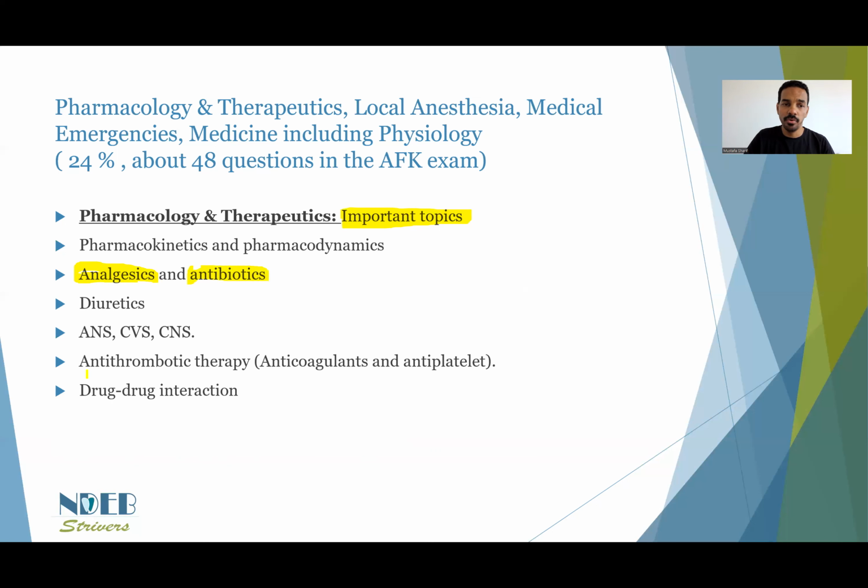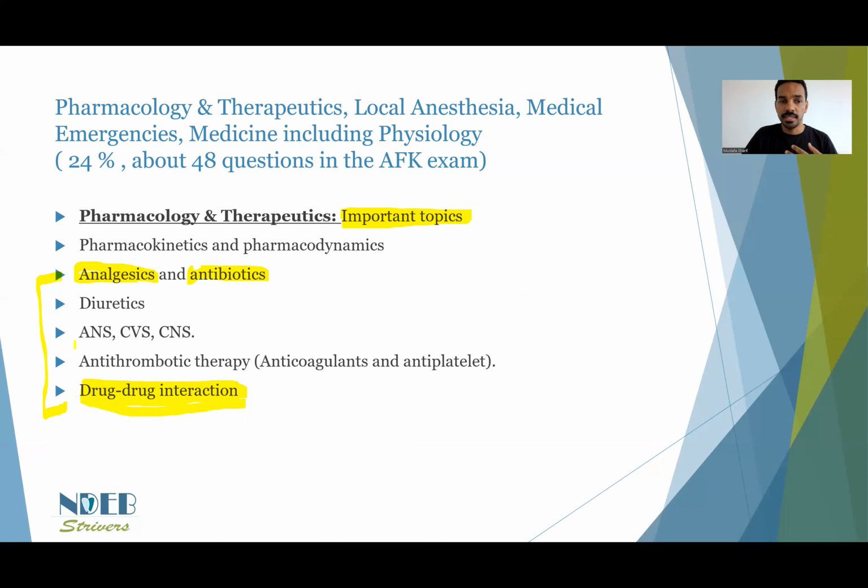And something that's very important related to this category is the drug-drug interaction, because this is a huge category, right? Drug-drug interaction is something that is very broad.